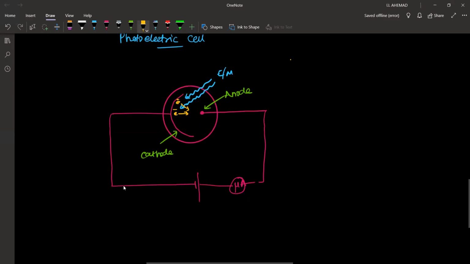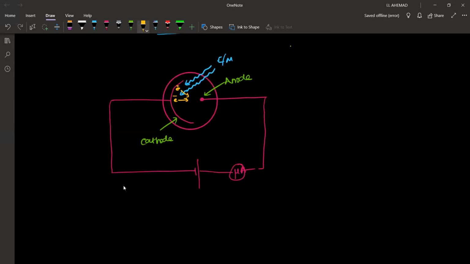These photoelectrons will be captured by this anode and it will flow in this circuit. So we must be able to take a reading. A reading should be observable if this is true. So that's the experiment in simple. Draw the experimental setup.